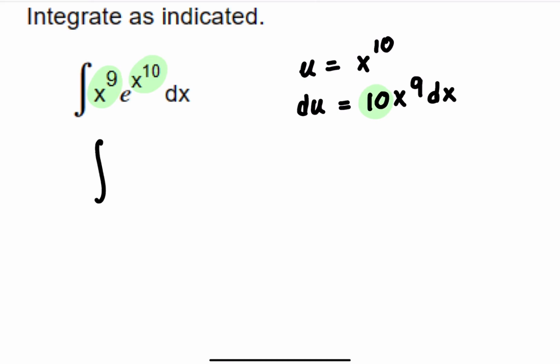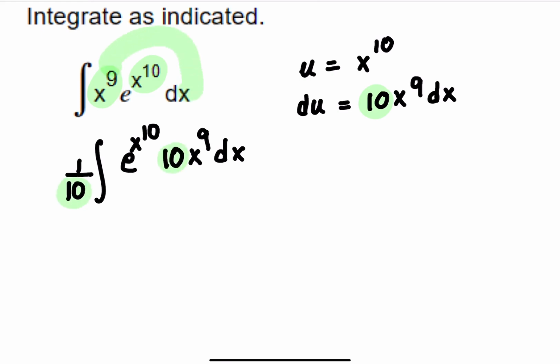What I'm going to do is divide by 10, and look what I'm going to do here. I'm going to rearrange my terms. 10 x power 9 dx. Because I multiplied with the 10, I divided with the 10 and I rearranged the terms. And now if you look closely, this is your substitution.